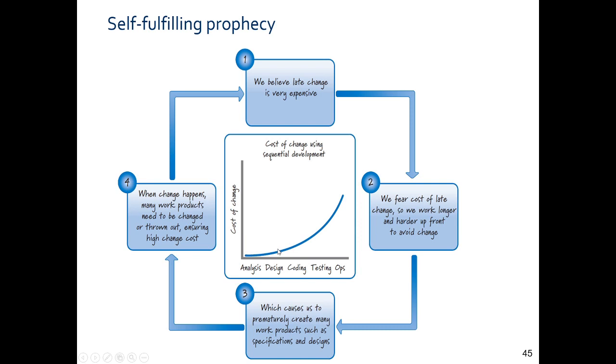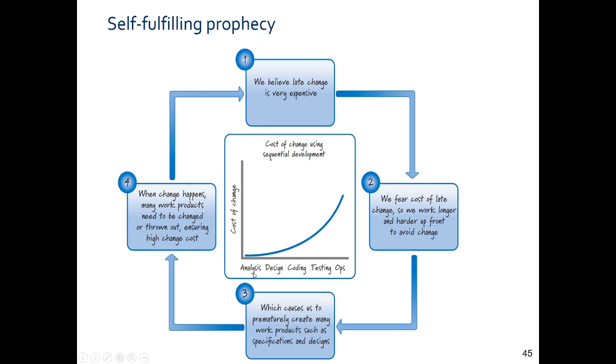And then self-fulfilling: we believe late change is very expensive, right? Second, we fear the cost of late change, which causes us to prematurely create many work products. So the threats are there. We just see to it that this is the cost of change.